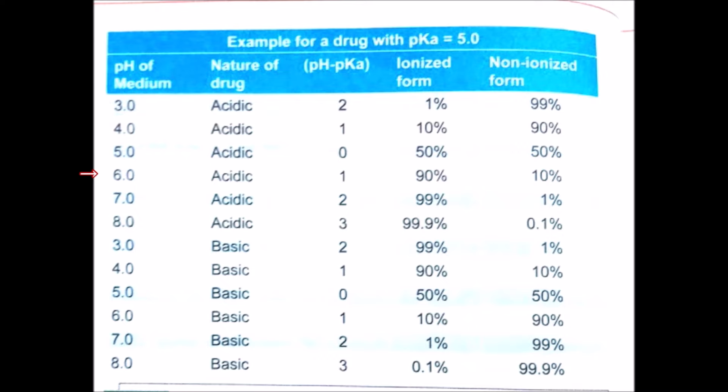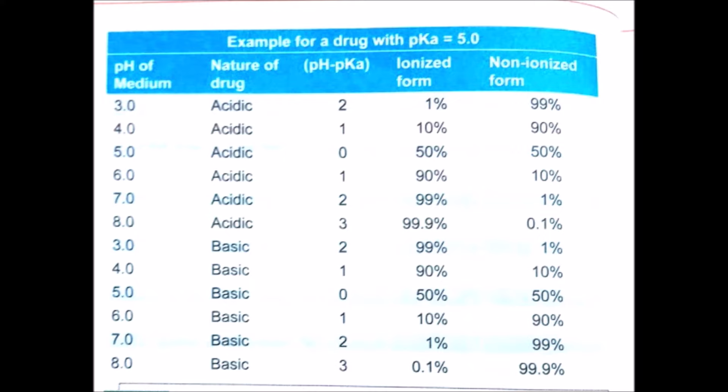Now this acidic drug is getting a basic environment. So this drug will be ionized and the ionized portion will be more than the unionized portion. So at pH 6, 90% of this drug will be ionized and only 10% of this drug will be unionized.